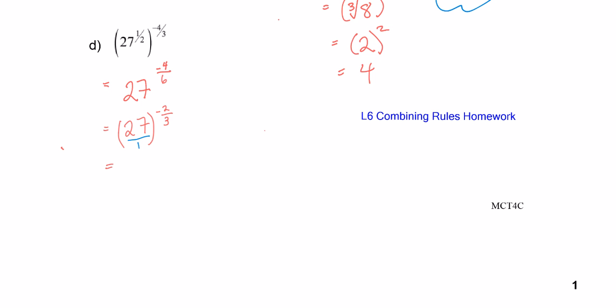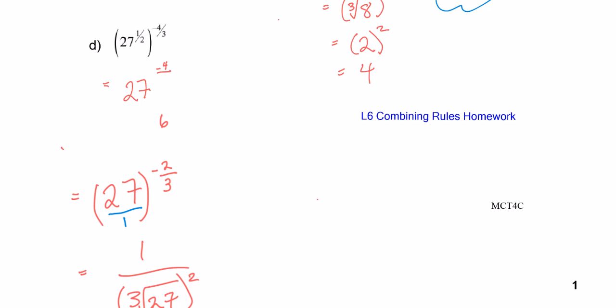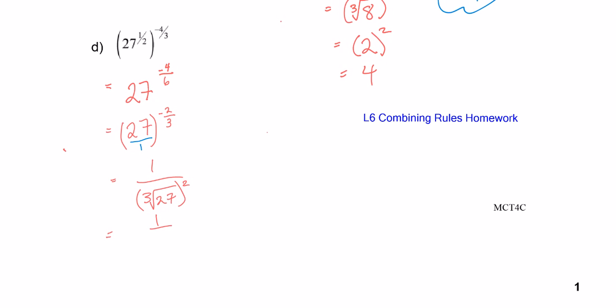Put our brackets in, and then we're going to immediately flip our fraction and follow the rules that we have for our roots. So now we have 1 over the third root of 27, all raised to the 2. The third root of 27 is 3. And then we get 1 over 9 as our final answer.